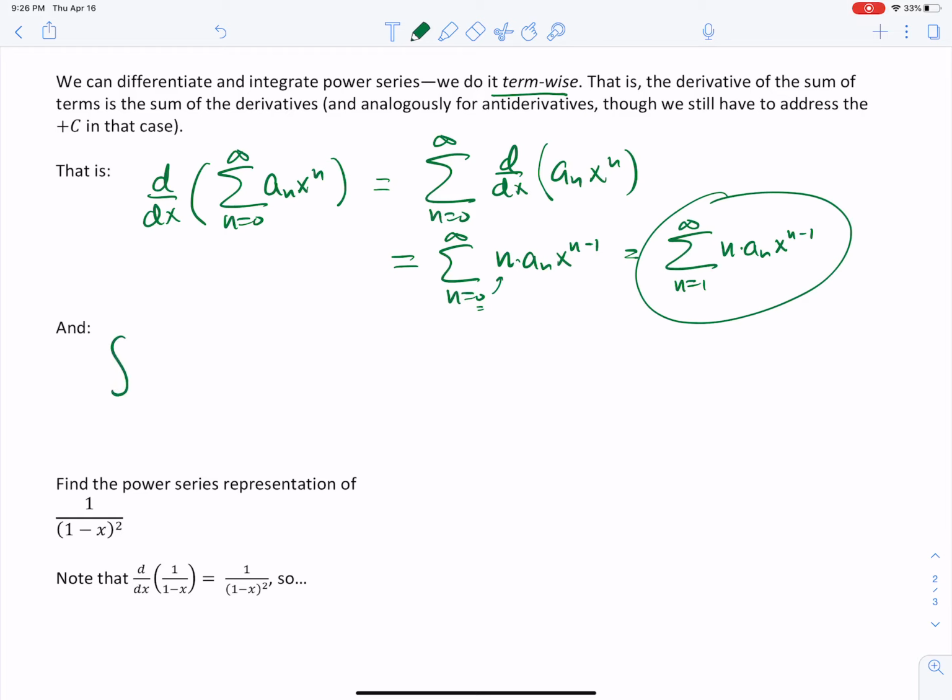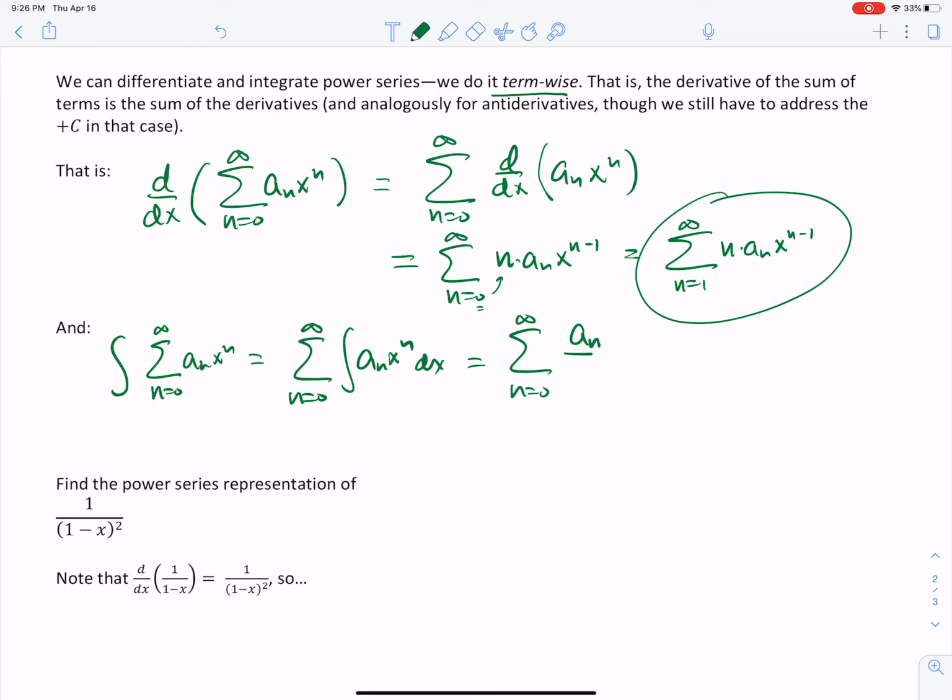And then if I want to find an integral of a power series, I can do that term-wise as well. So it'd be integrating a sub n x to the n dx. Well, again, that's a power function. I can just anti-differentiate that term-wise.